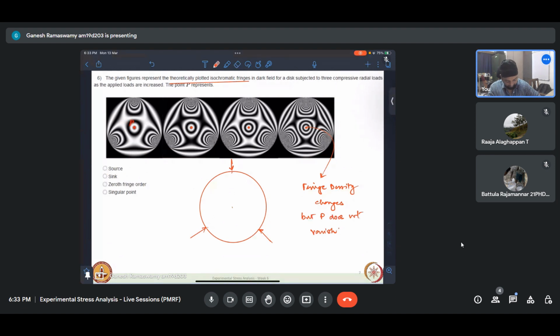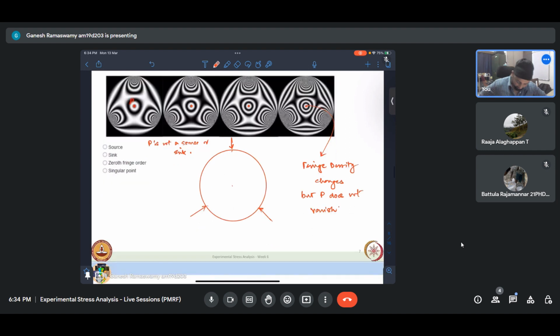So P is not a source or sink. So we see that once we have a point in a domain where our fringe order concentrates, by increasing load, our fringe order 0 doesn't move anywhere. Which is why the center point is nothing but our fringe order 0.